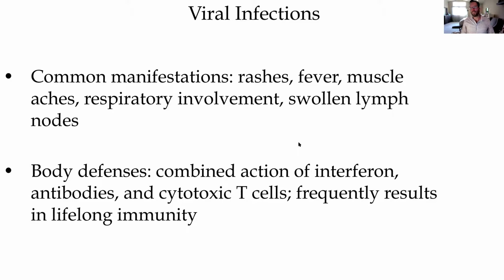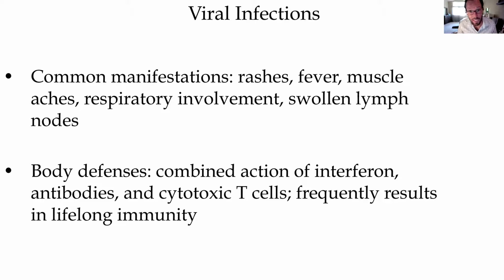Typically, when you get a viral infection, it's going to be a rash. You'll get a fever because your immune system is starting to ramp up and detect this infection. You might have muscle aches, feel like you're really sore, and that can be from the cytokine storm that is being released that we talked about. If it's a respiratory illness, you'll have difficulty breathing. And as a result, your body is going to start producing interferon.